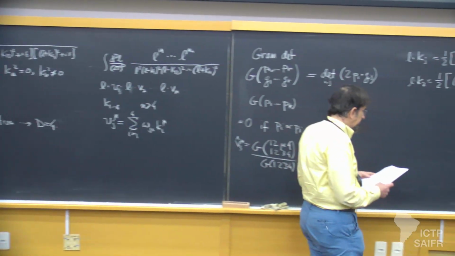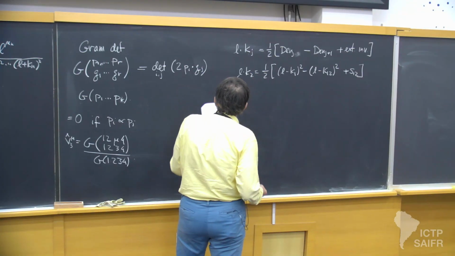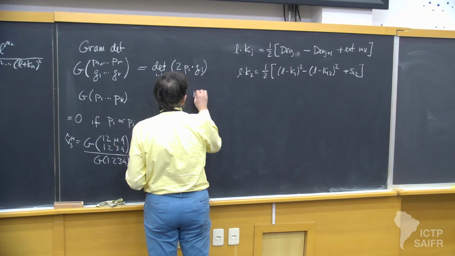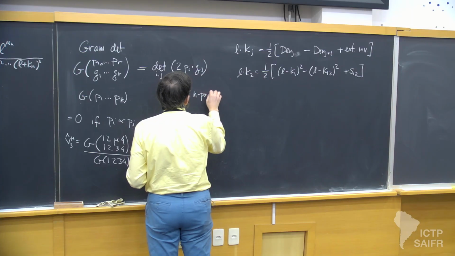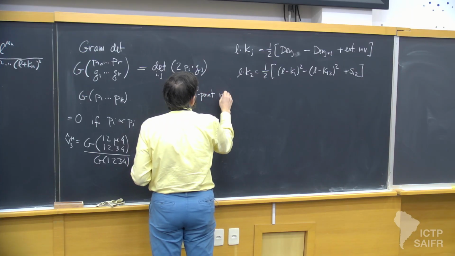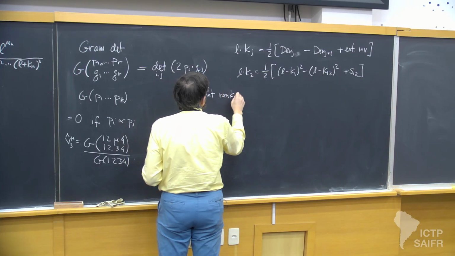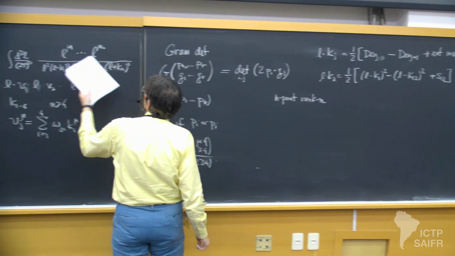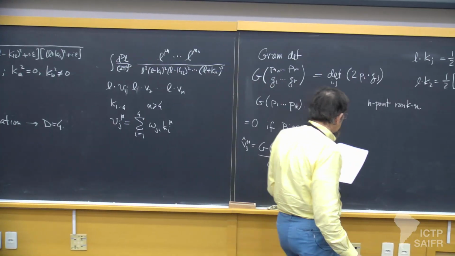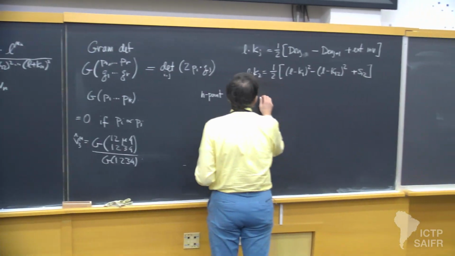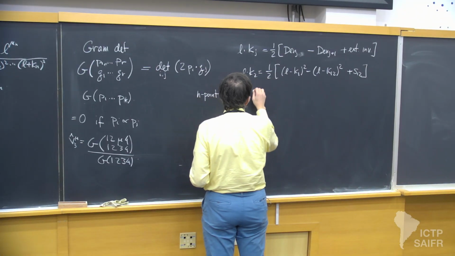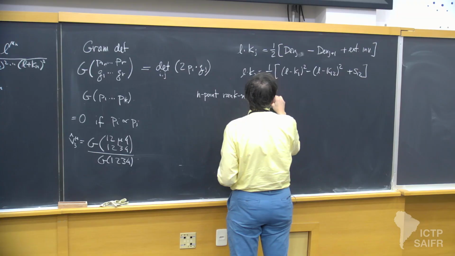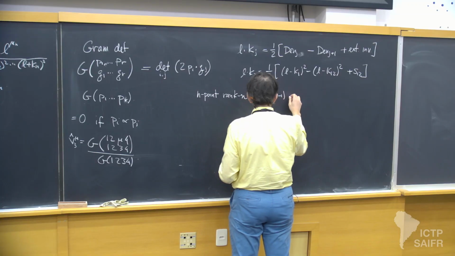So that means that this is a partial fractioning identity, and it takes an n-point rank n integral. The rank is just the number of loop momenta in the numerator. And it writes it as an n-1 point integral.